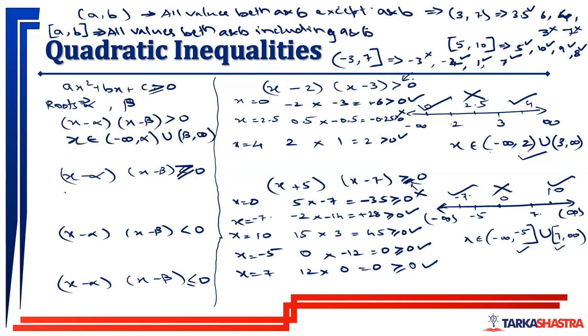What would be the range here? x belongs to minus infinity to alpha, closed bracket. Here, as it is minus infinity, we use a round bracket, union beta to infinity. Okay, write this down. Then we'll move forward.